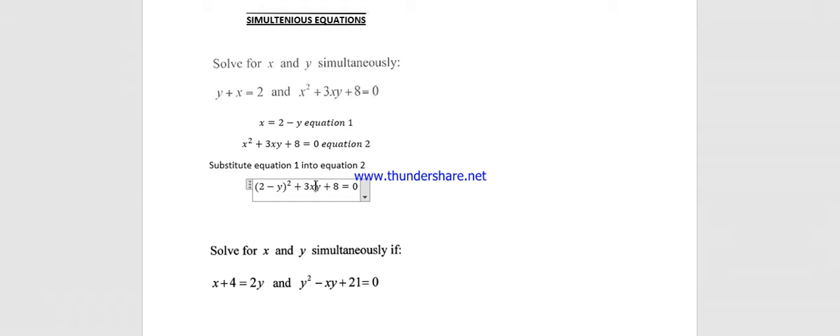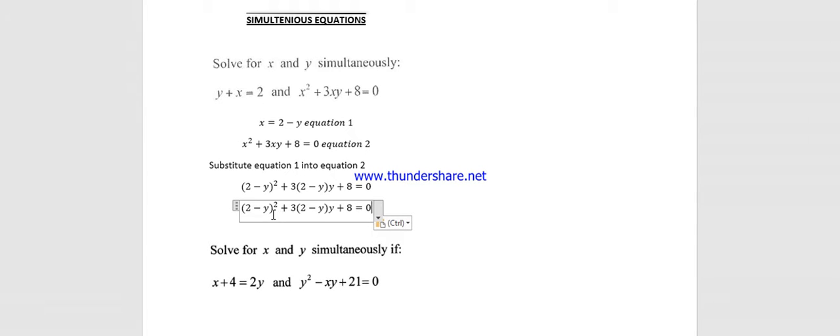And here it's x again, so I am putting 2 minus y, close bracket. Right? So now I've substituted, and I have to solve for y. I need to know the values of y so that I will be able to find out the value of x as well.